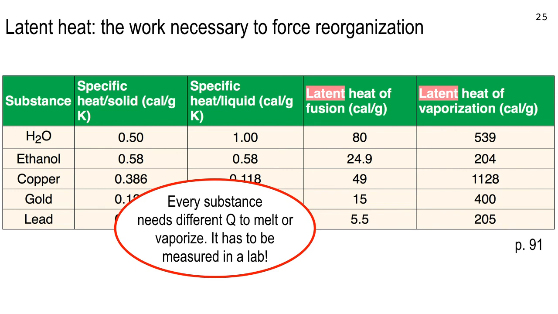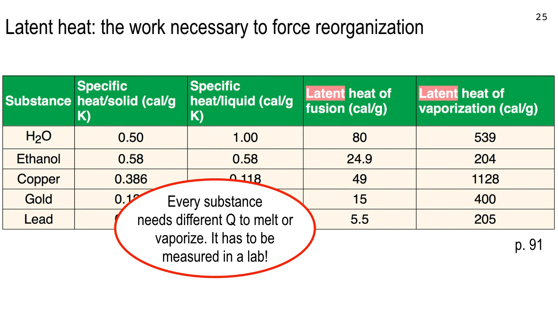Right, now the fourth column, latent heat of fusion, what that means, you can add this to your notes. The latent heat of fusion is the amount of energy that you need to bust up all those intermolecular bonds between water molecules in the ice state. So it takes 80 calories.